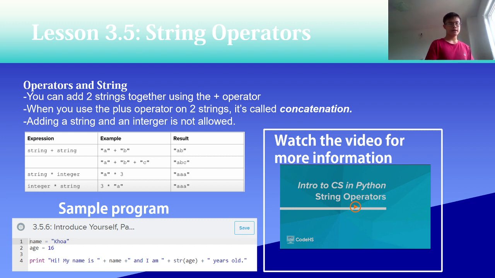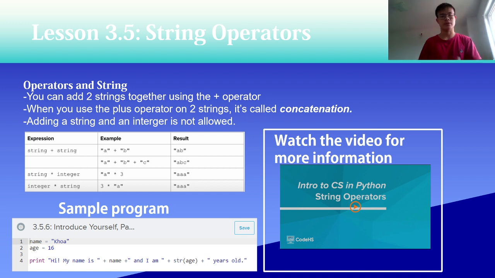So in here we can see that the string is going to be in quotation marks. Note that if you put a number like 1 inside quotation marks, that number is going to be a string. It's not an integer or a whole number anymore.